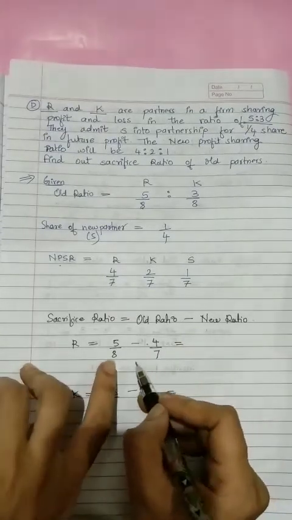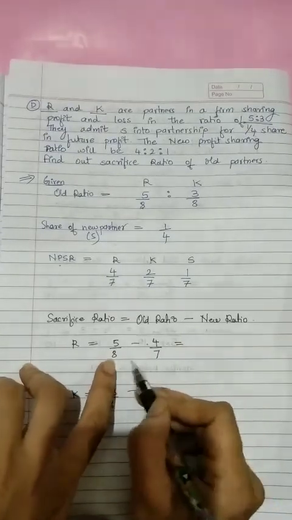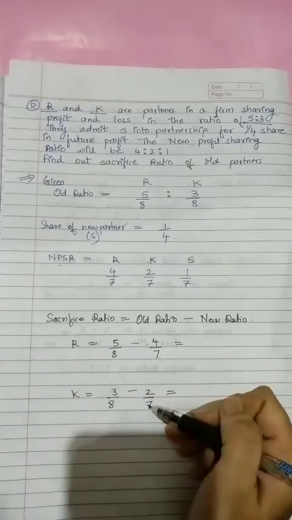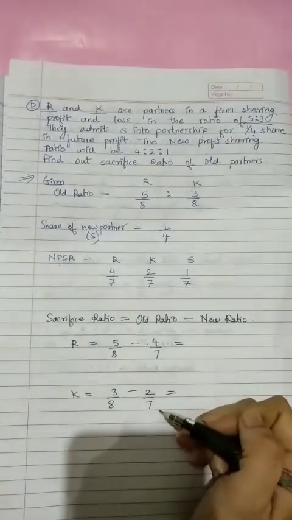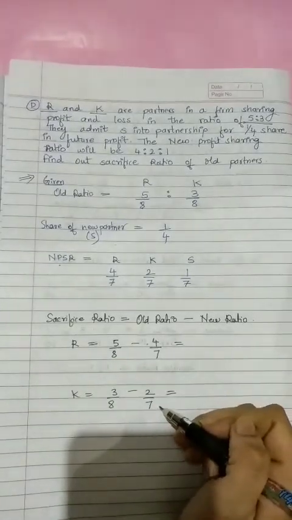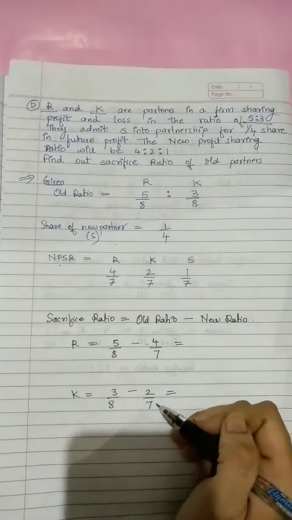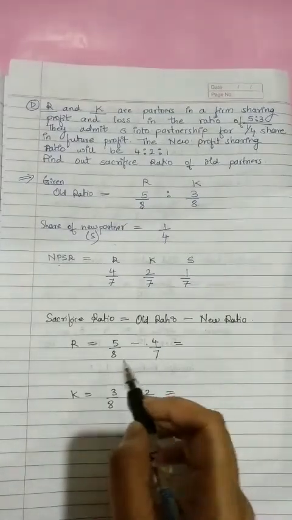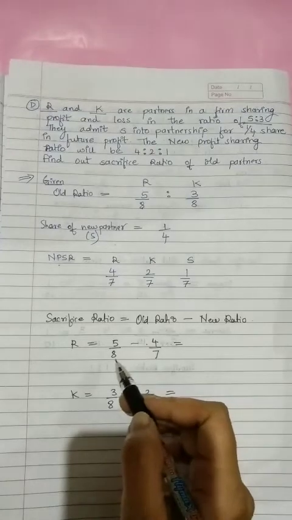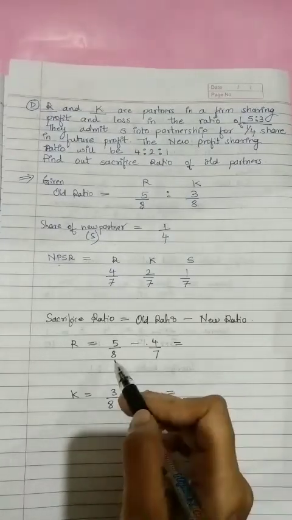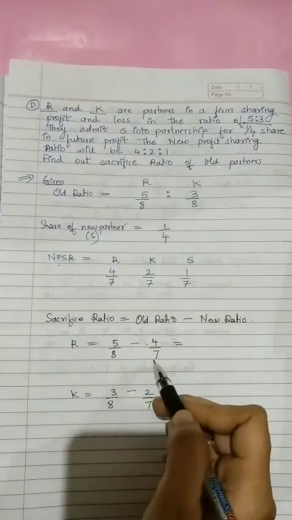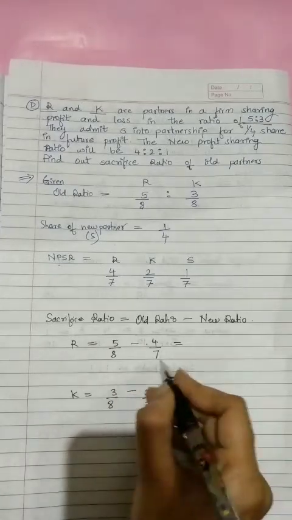So here the denominator is not the same in both cases, for R as well as for K. Now in such a situation, what can we do? We cannot make 7 equal to 8 or 8 equal to 7. So what we can do is cross multiply.